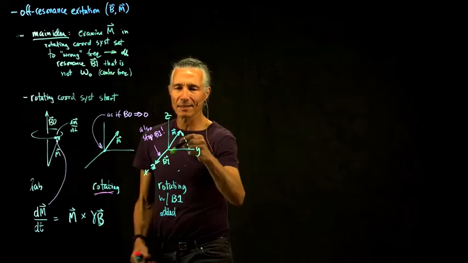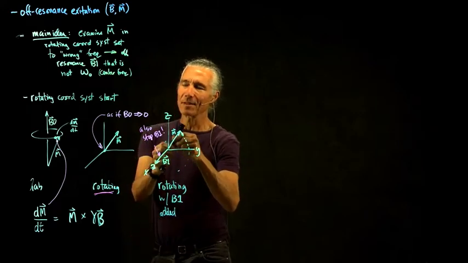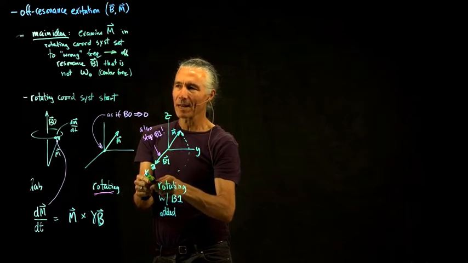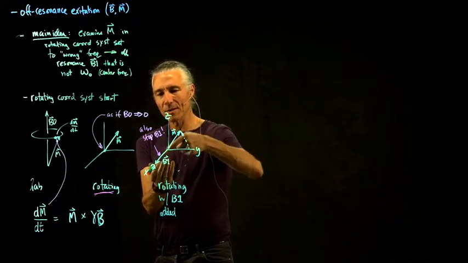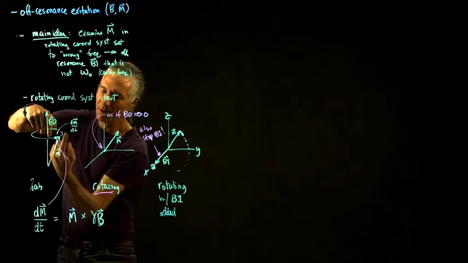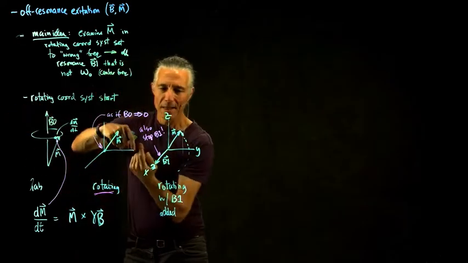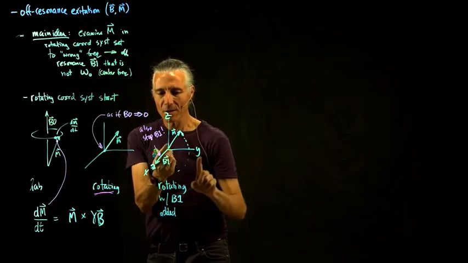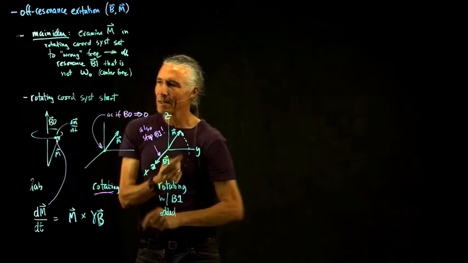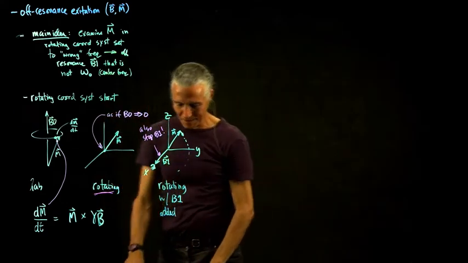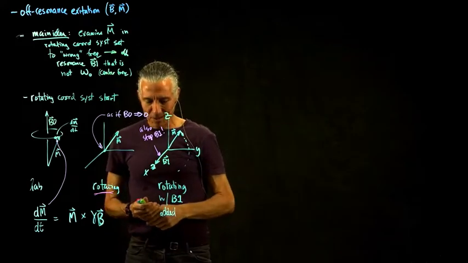So it will cause a slow precession of the stopped M vector around the x-axis, around the B. So in this case we got the B this way, and we're going around this x-axis. We already knew that. So that's the starting point.